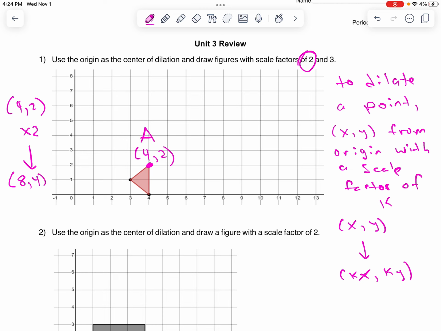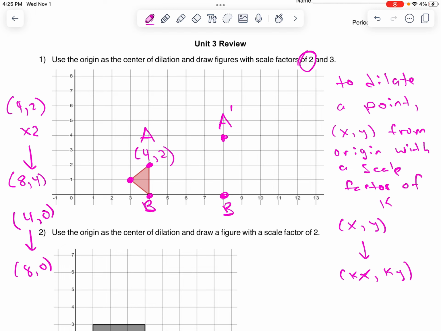So if this point is A, then 8, 4 is A prime. And now let's do this one right here, this point on the bottom, that point is 4, 0. If we multiply this by the scale factor of 2, that's going to become 8, 0. So if this is B, this is our B prime.